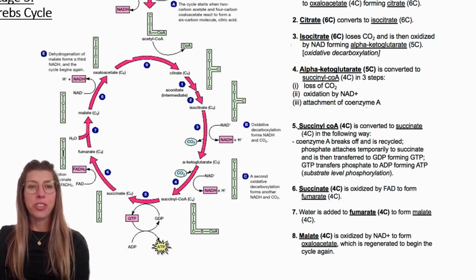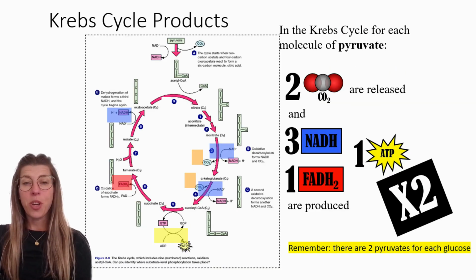And we also see that another NADH, that high-powered molecule, is also generated. There it is, all at once. So let's break this down as to what the final products are. We looked at all the details.